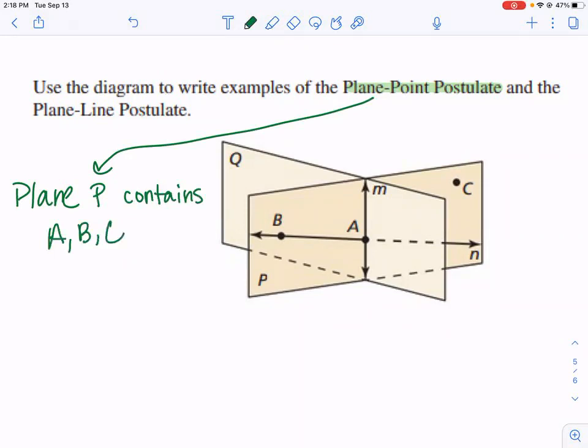Remember, uppercase letters are the names for planes; lowercase are lines, like line N, line M, plane Q, plane P. Question or not a question? This is point C because there's a dot next to it. So A, B, and C are non-collinear points all in plane P.